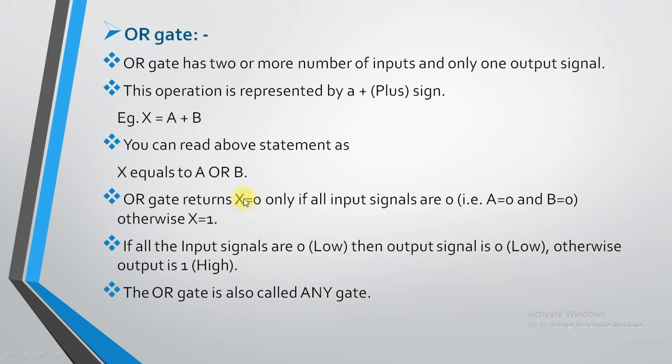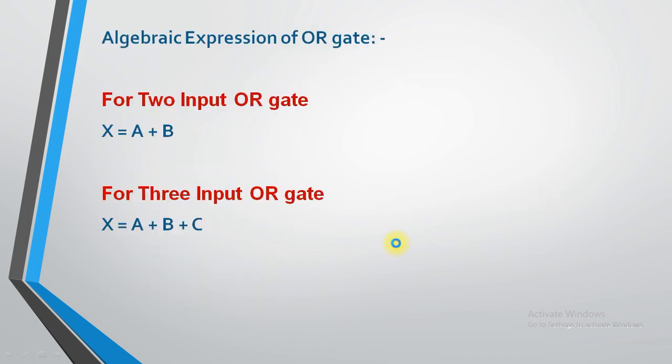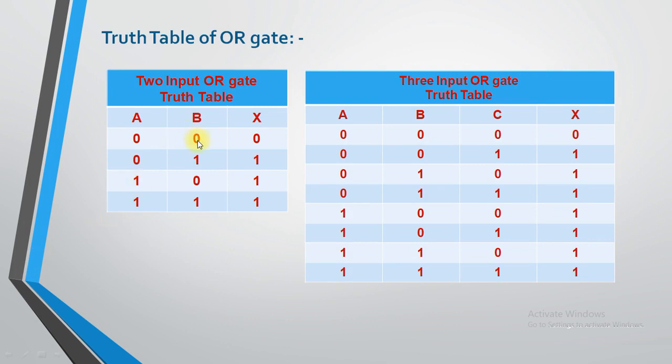Now see, again these three are the points which you can write with the help of the OR gate truth table, right? So let me show the truth table first. The combination remains as it is like AND gate, but OR gate is the reverse of AND gate, right? So when all the input signals are low or 0 over here, in the first case only both the values are 0, so you will get 0 as x.